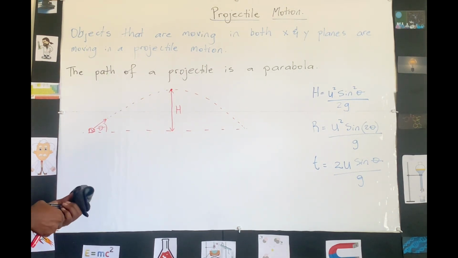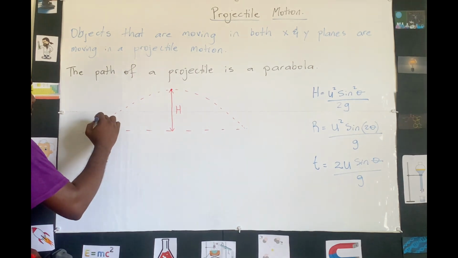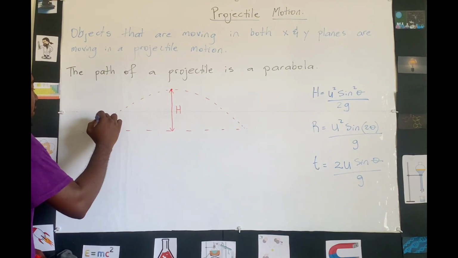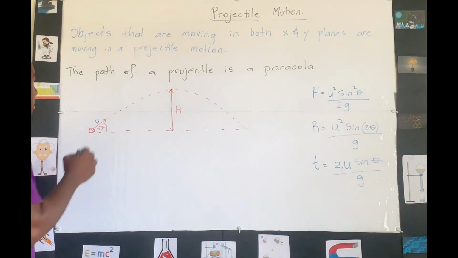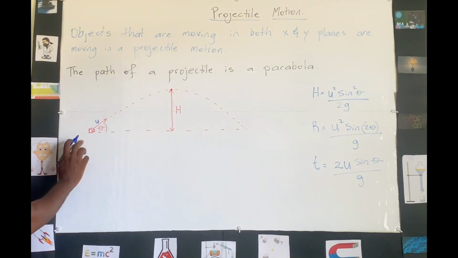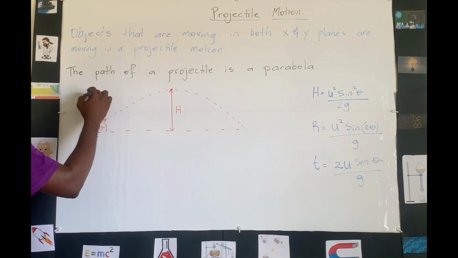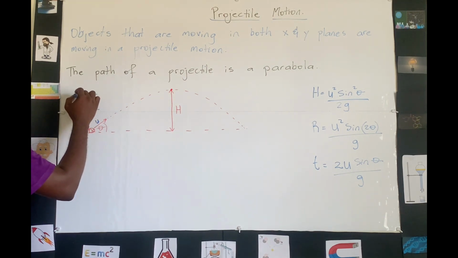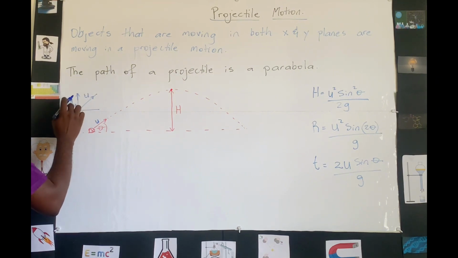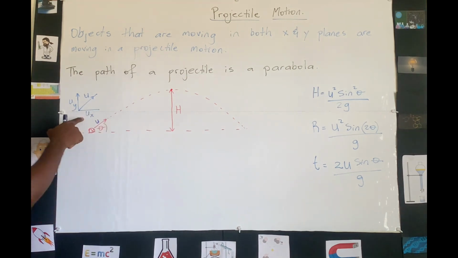But before we go there, if we look at this object, when it was kicked at an initial velocity u, this initial velocity, because it is at an angle to the horizontal, is comprised of two velocities. That is the uy velocity, the y plane, as well as the ux, the x plane. So these two velocities is what the u represents.